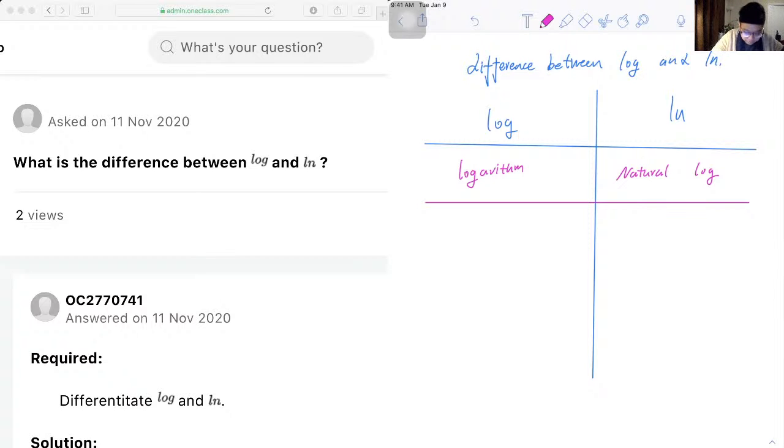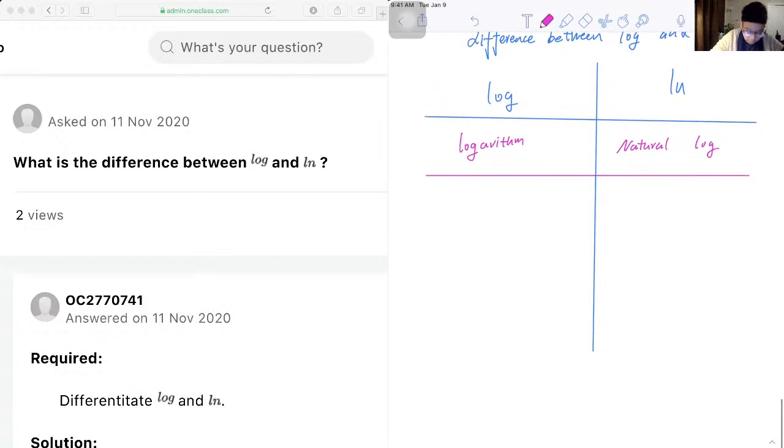And the second, in logarithm, the base is always equal to 10, but in natural log, the base is equal to e. Okay.